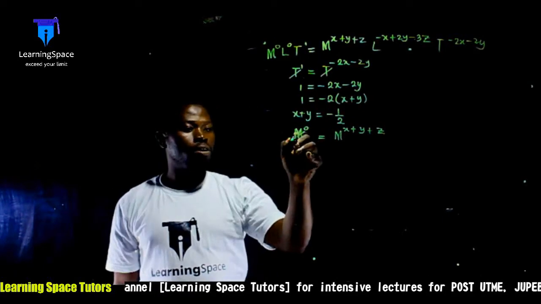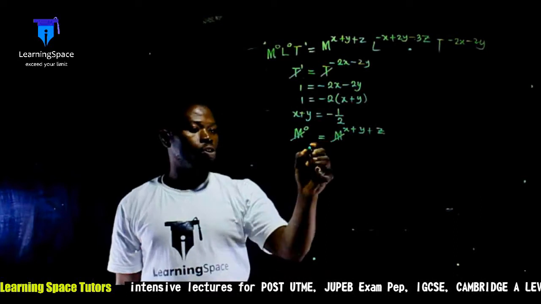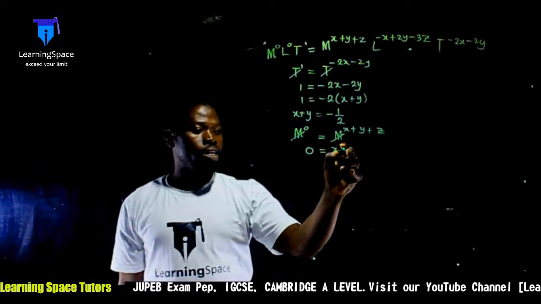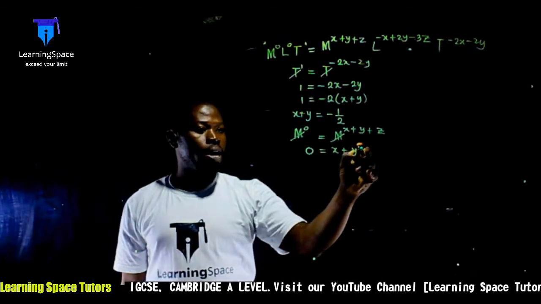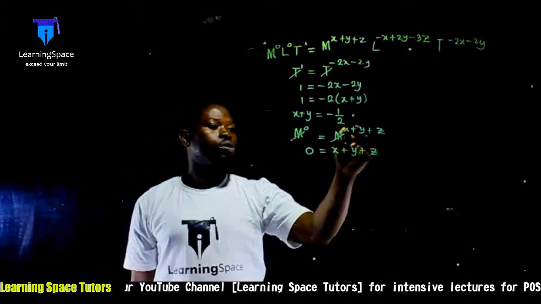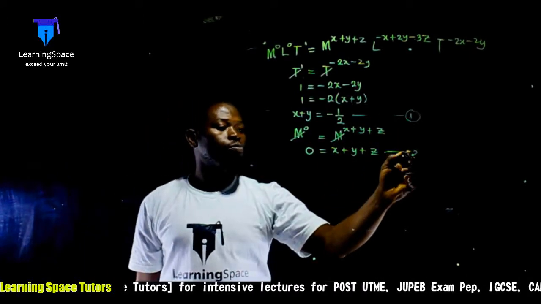We can cancel the base and equate the power. So we will have 0 equal to x + y + z. Now let's call this one equation 1 and this one equation 2.